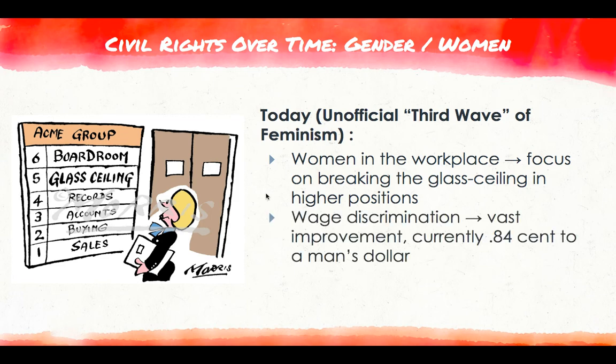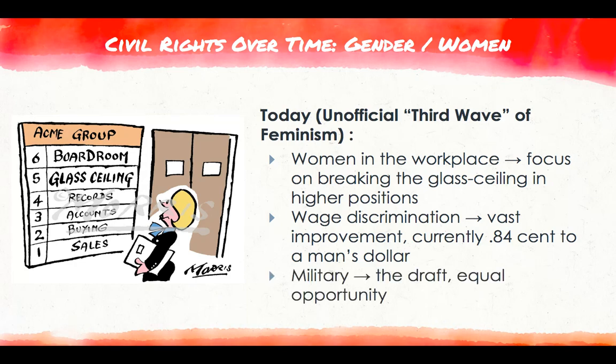Wage discrimination is also a topic today, right? We've seen a vast improvement, but there is still data that suggests that women currently make less than men in many positions. Currently, women on average make 84 cents to every dollar a man makes. So this is some policies that we see the third wave of feminism acting on.